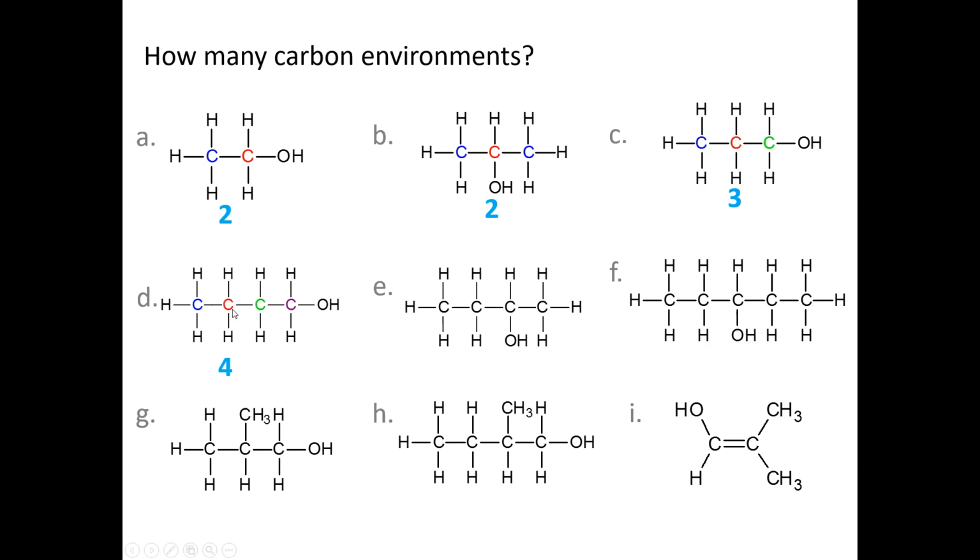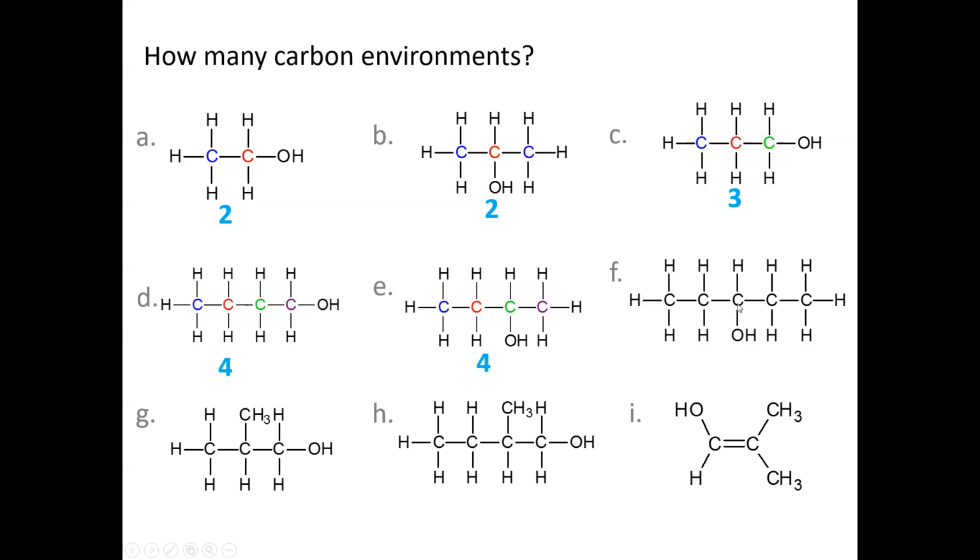Every one will be different because if you count what is bonded to the first carbon or the second one or the third one or the fourth one, they will all have different groups attached to them. If I have this one over here, you'll notice they are also all different. Compare this to butane, where we only have 2 carbon environments, but here again there's not a single carbon atom that has exactly the same identical groups as another one in this molecule.